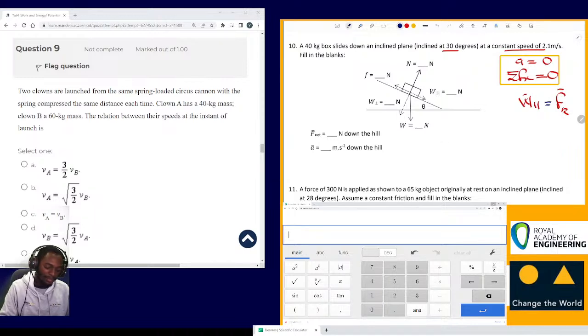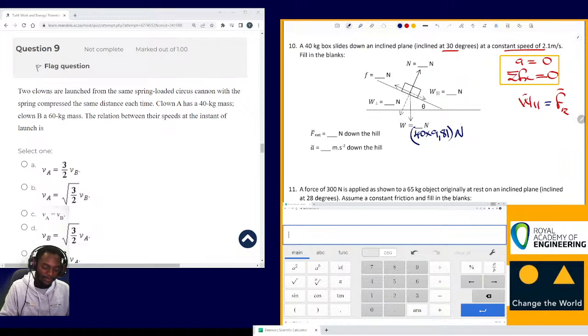So we're told that the box is 40 kg, so the weight there is going to be 40 times 9.8 Newtons, right? That's the weight.